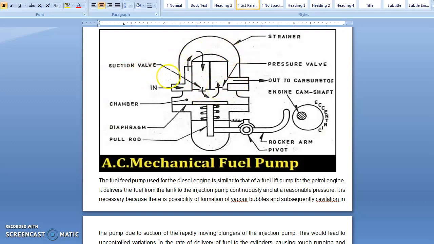This is the cover of the pump, and here is the intake of the fuel from the tank, and that is the outlet to the other parts of the fuel feeding system. So this is all about the construction of this pump.